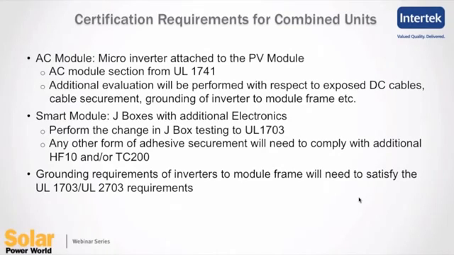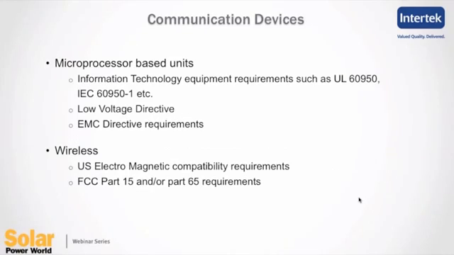And there are additional requirements for grounding as well. When you attach these to the frame, or to the racking system, instead of to the back sheet of the module, then you're looking at additional grounding requirements.